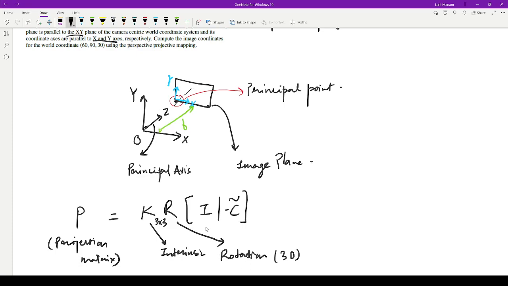A 3D rotation matrix. Its size is also 3 cross 3. And what is this matrix which I'm underlining? What is the size of this matrix? This is 3 cross 4, right?